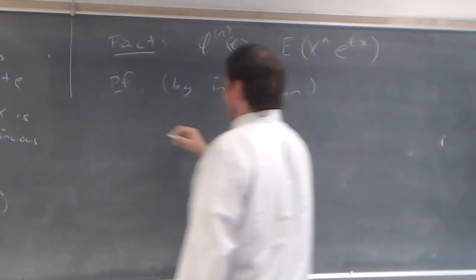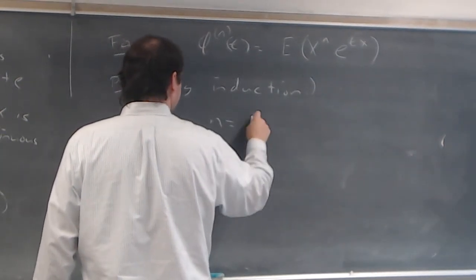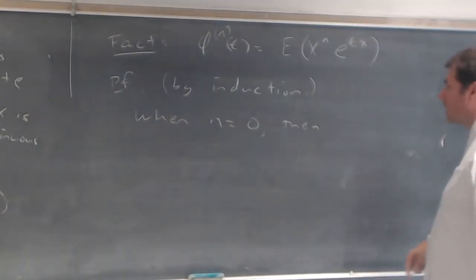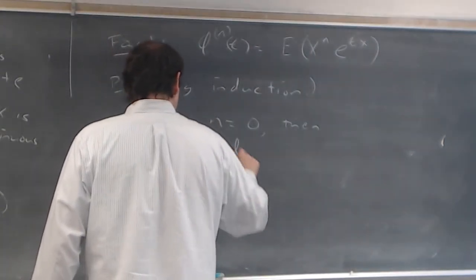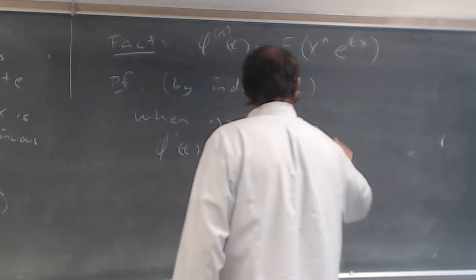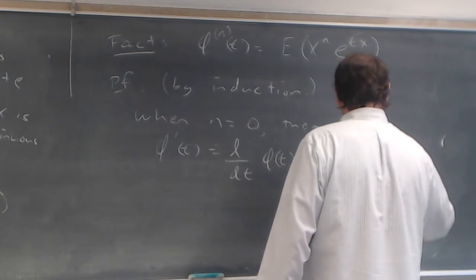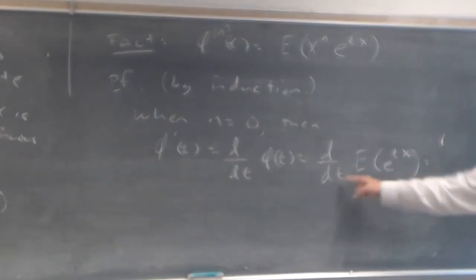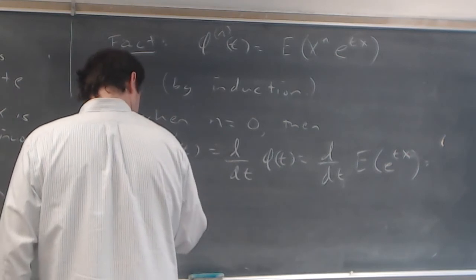So first of all, when n is equal to 1, then phi prime of t, which is really the derivative with respect to t of phi of t, would be equal to the derivative with respect to t of the expected value of e to the tX, which is equal to, you can pull this derivative inside this integral or sum.